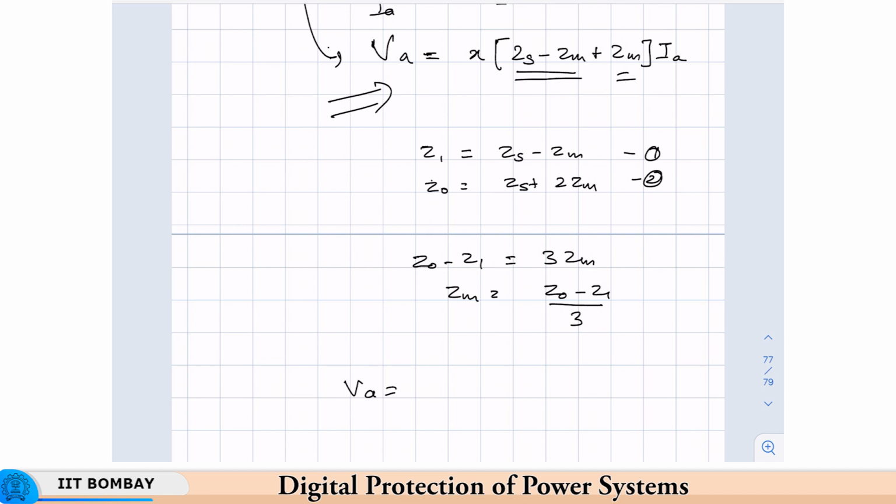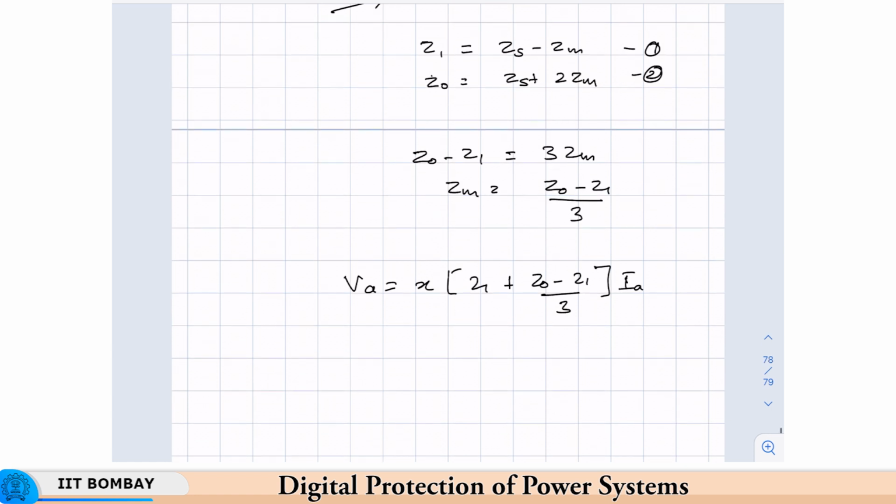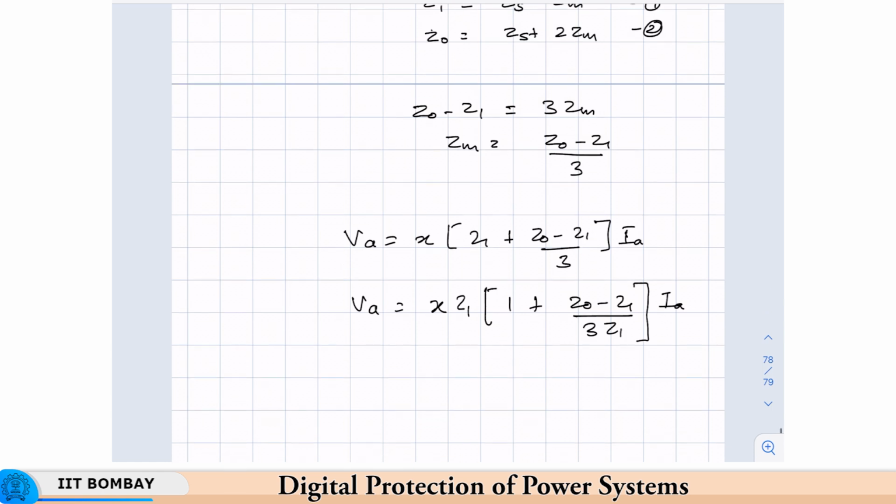Now on the right hand side we need xZ1 only, so we will get VA upon IA plus (Z0 minus Z1) upon Z1, and this is IA by 3, is equal to xZ1. Okay, so we have got what we wanted on the right hand side.